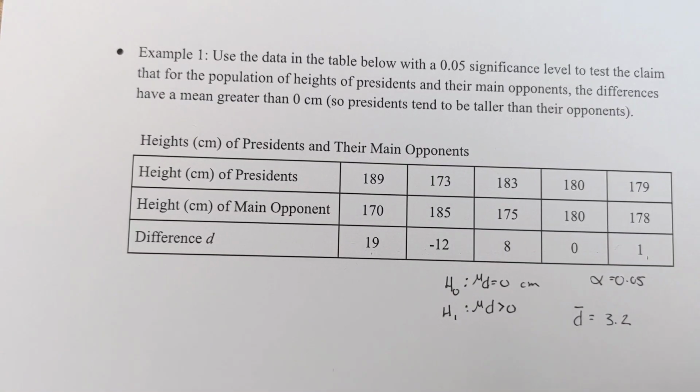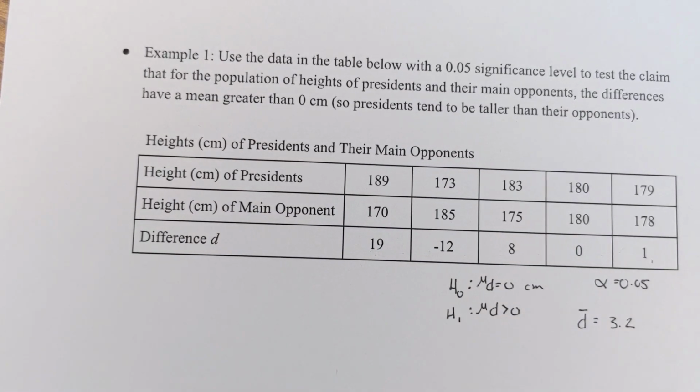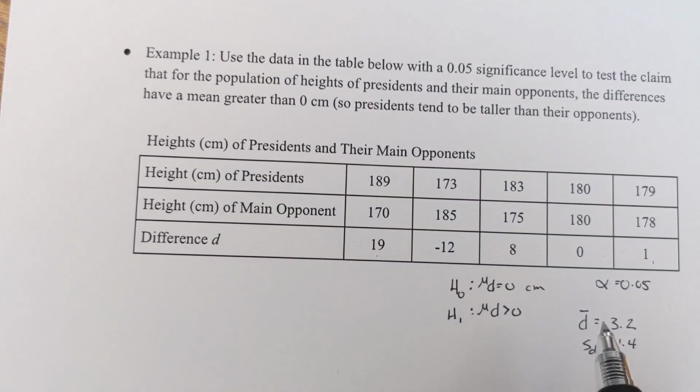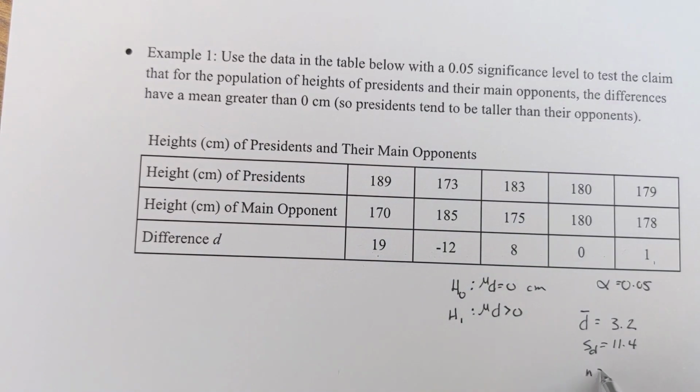Let's see here. s d. Let me go to stats here. Actually, we're going to let my calculator handle this. 19, negative 12, 8, 0, 1. Calculate one variable. So s is 11.4, and n is equal to 5.